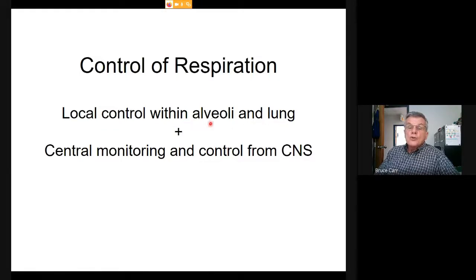Are we going to direct inspiration air to a particular alveolus or not? We're going to control that through sphincter muscles, smooth muscles, that are around the arterioles leading to the alveoli in the lungs. We're going to monitor the overall effect of that gas flow and oxygen uptake and CO2 release by monitoring the blood around the body.